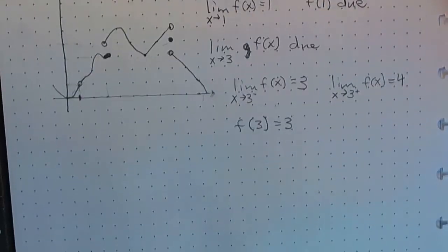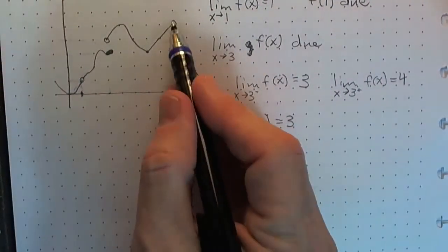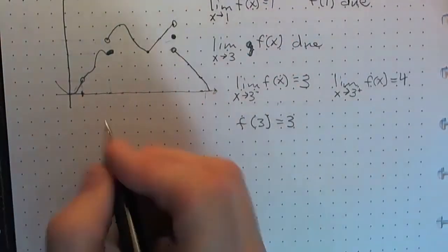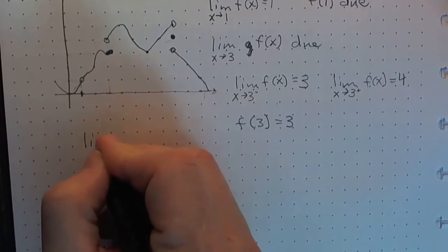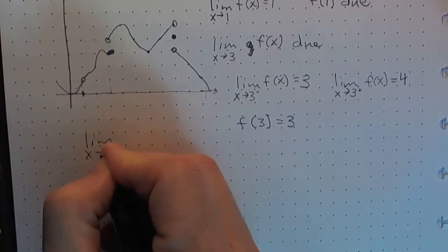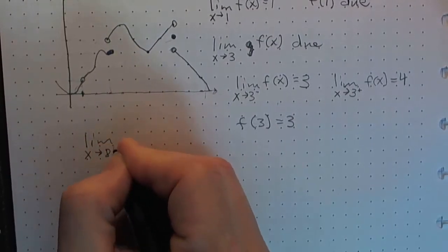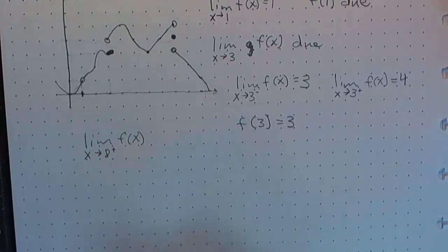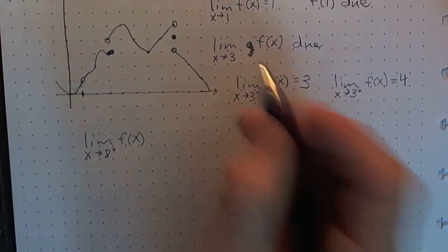Now, we can go to this next one over here, this one right here. So there's 1, 2, 3, 4, 5, 6, 7, 8. So we can talk about the limit as x goes to 8. Let's go from the right. Okay, the limit as x goes to 8 from the right.